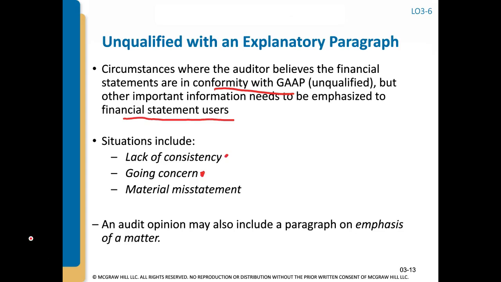If the auditors feel that this company, yes, their financial statements are in conformity with GAAP, but guess what? We think that there might be a chance that they won't be around much longer. Or if there's a material misstatement in one area of the financials, but the rest of them are presented correctly, that could be an unqualified with an explanatory paragraph.